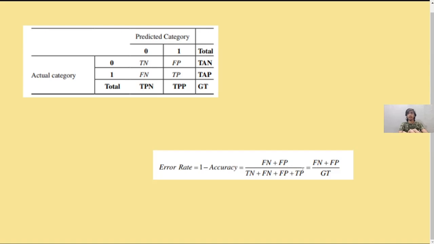It would be useful to combine precision and recall into a single measure. So we use the F1 score. The F1 score is nothing but the harmonic mean of precision and recall.